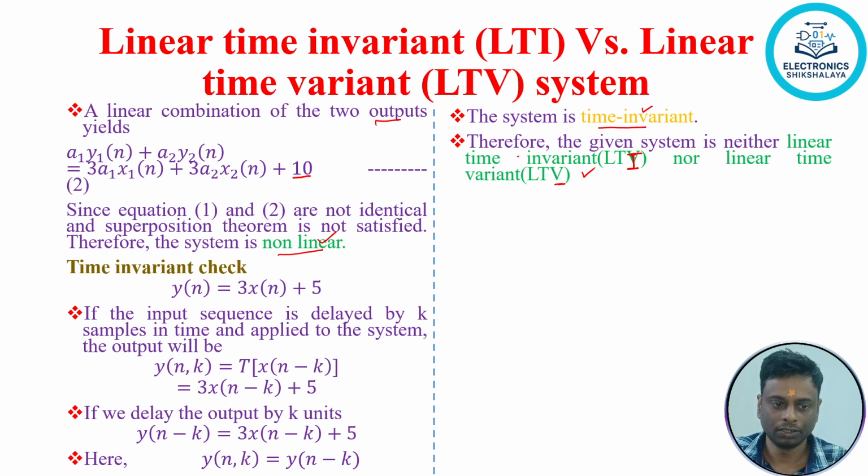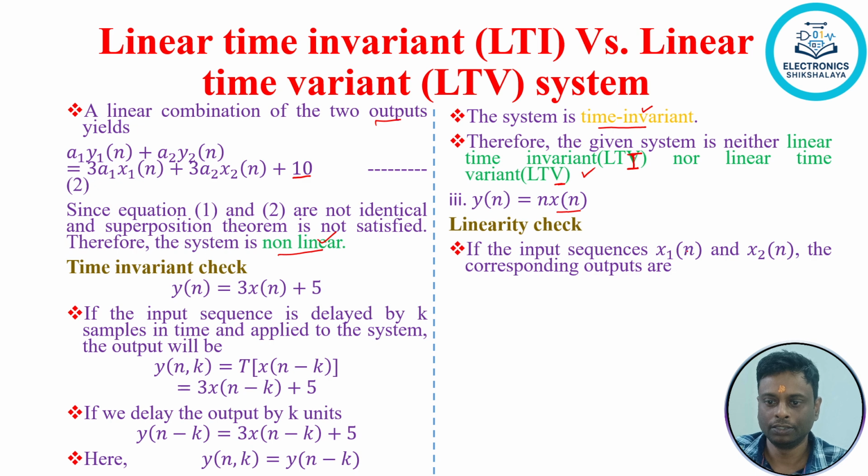Let us check our third case, that is n into x of n. Here first we check the linearity. We apply x1 of n and x2 of n to the system as individual inputs. So y1 of n, in place of x of n we are replacing x1 of n, will be n into x1 of n. Similarly y2 of n will be n into x2 of n.